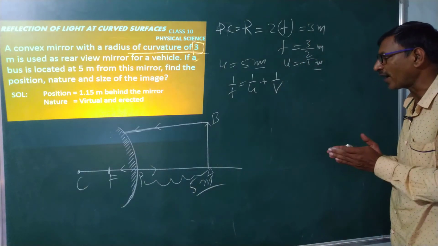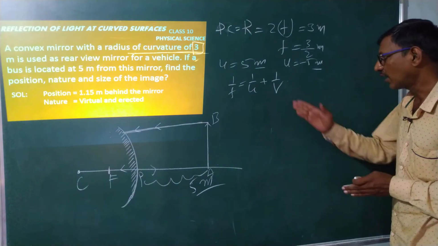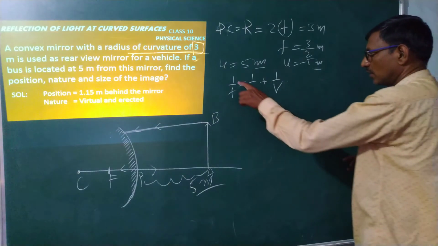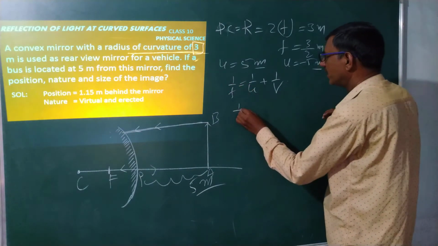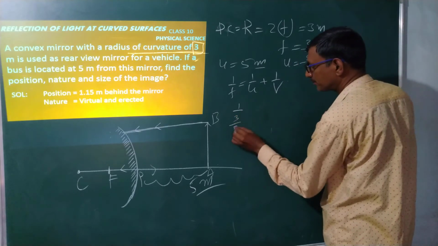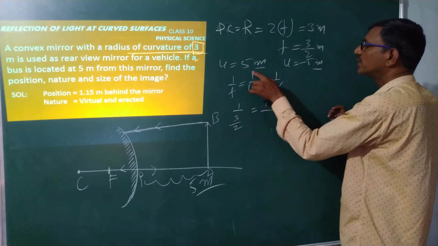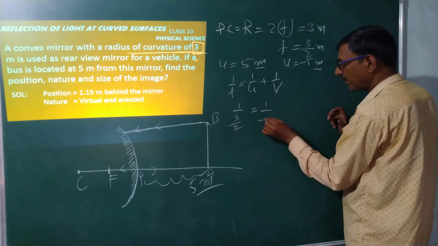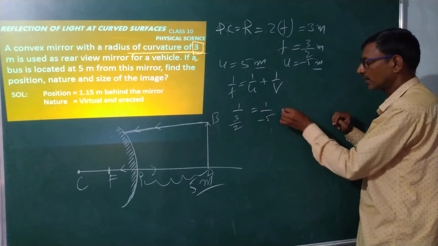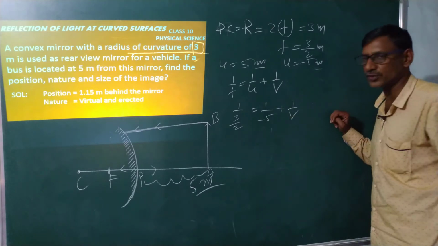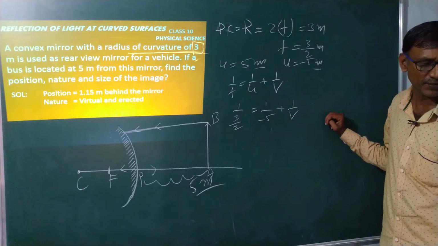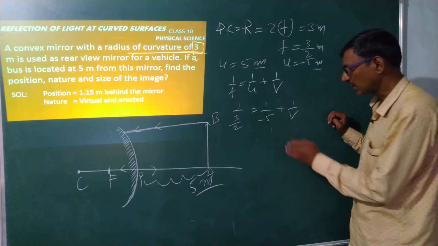Now I am going to find V, the image distance. 1 by F, which is 3 by 2, equals 1 by U, which is minus 5, plus 1 by V. I would like to use V as it is.